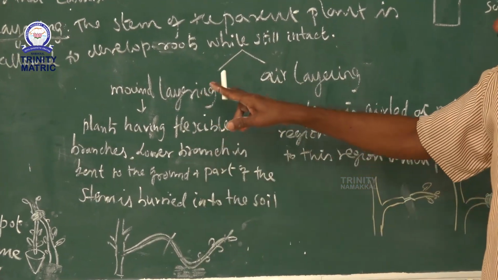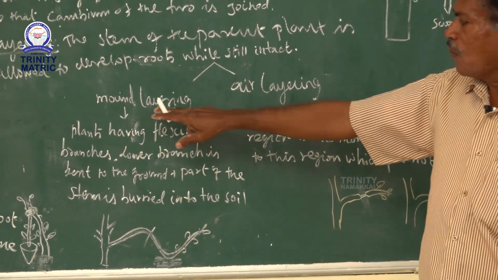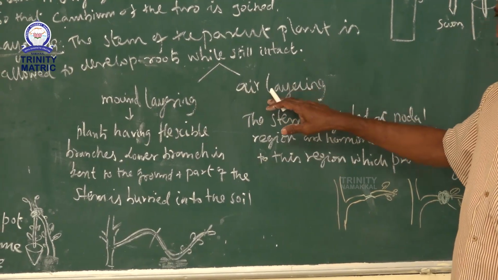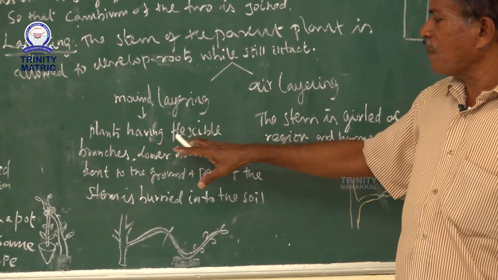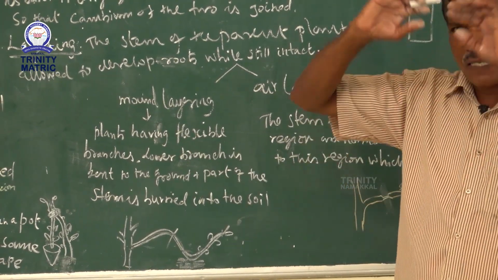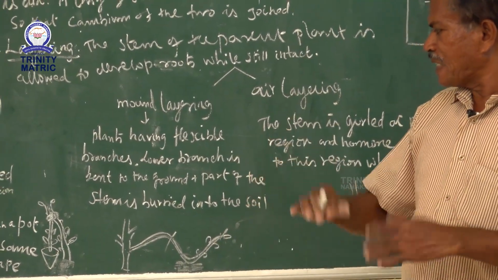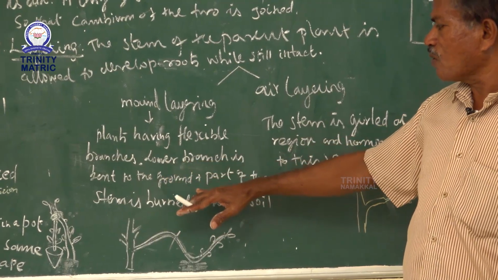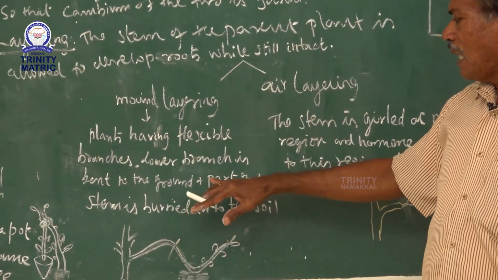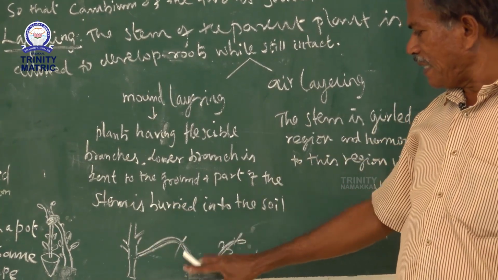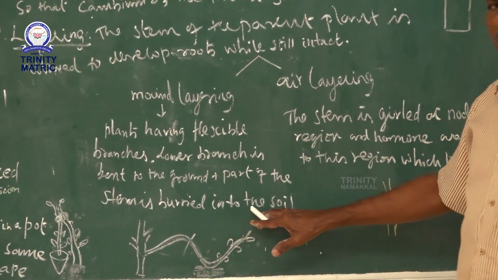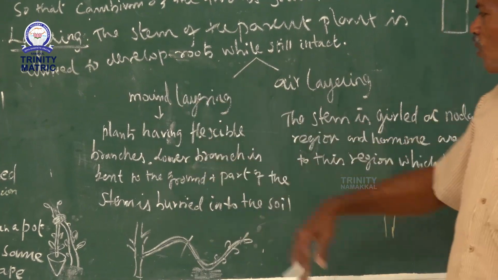So layering is of two types, mound layering and air layering. Which plants have flexible branches? Flexible means branches that bend easily. The lower branches bend to the ground, and a part of the stem is buried under the soil and grown as a new plant. This is called mound layering.